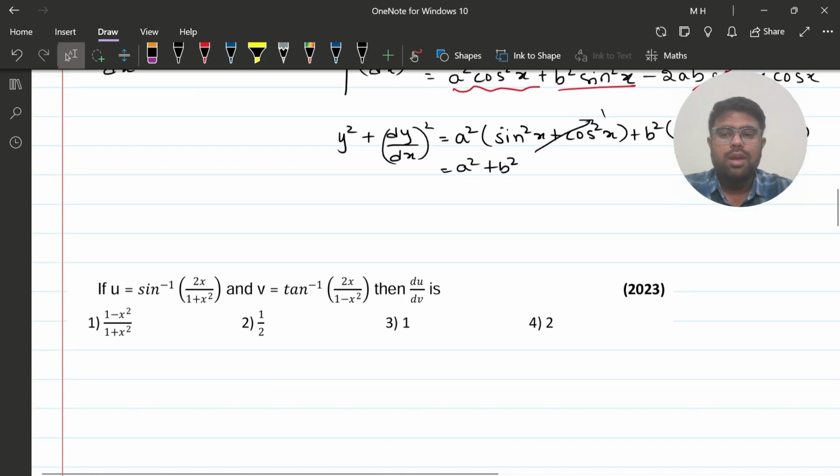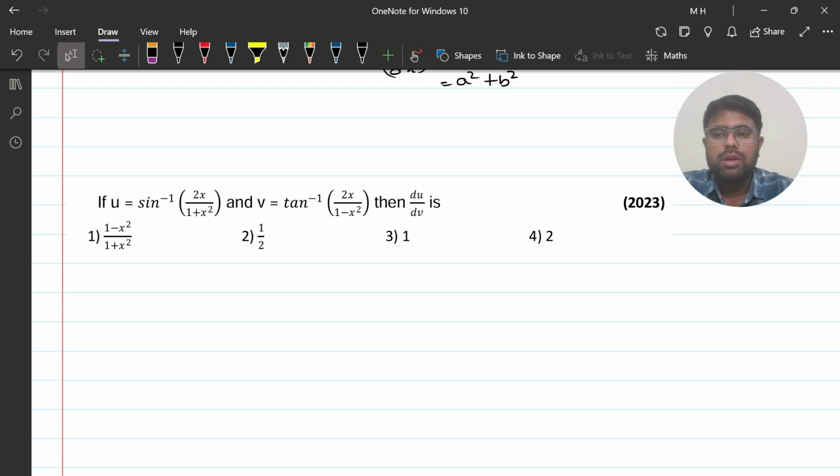Fine. Again, yet another question from 2023 KCET. What they have given is, if u is equal to sine inverse 2x by 1 plus x square and v equal to so and so, then du by dv is, okay, fine. Look, I had explained it to you in the previous lecture that if we have sine inverse 2x by 1 plus x square, we'll substitute x equal to tan theta, because 2 tan theta by 1 plus tan square theta is sine 2 theta, and here it is going to be tan theta, right?